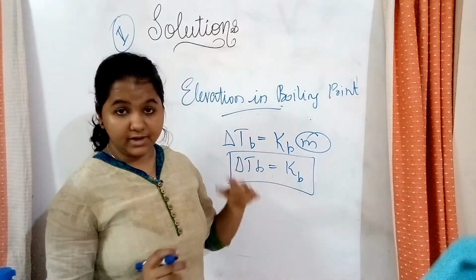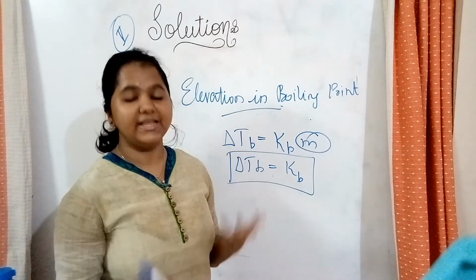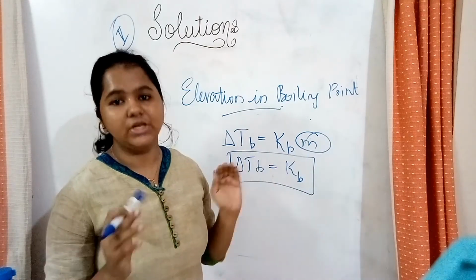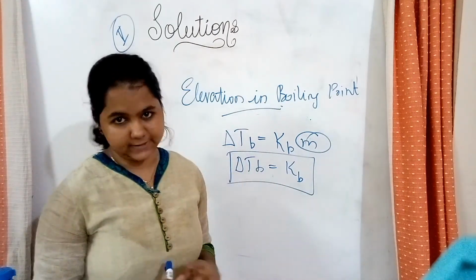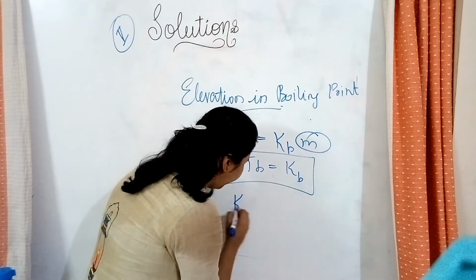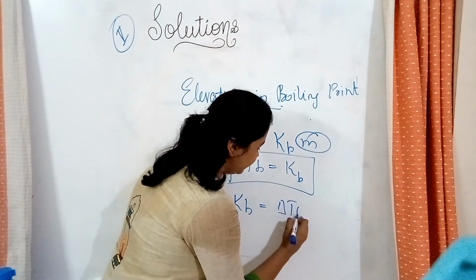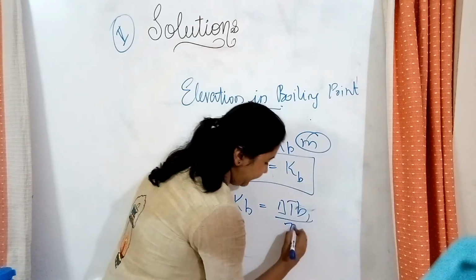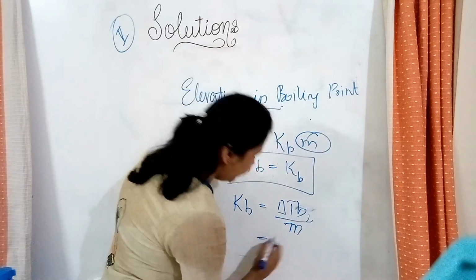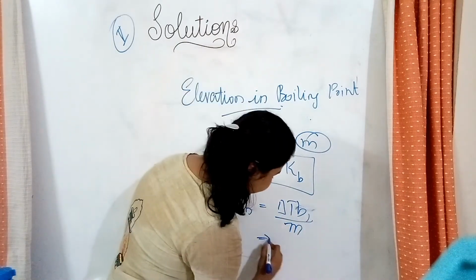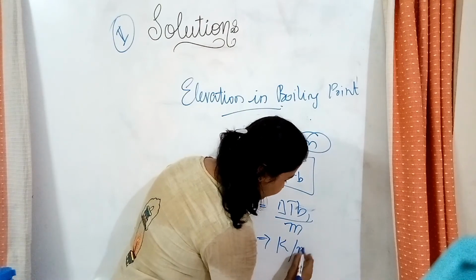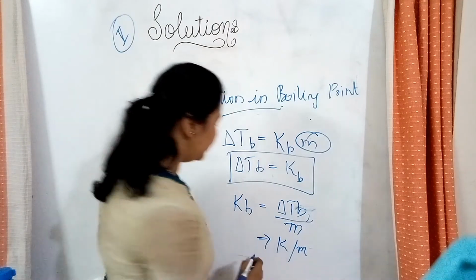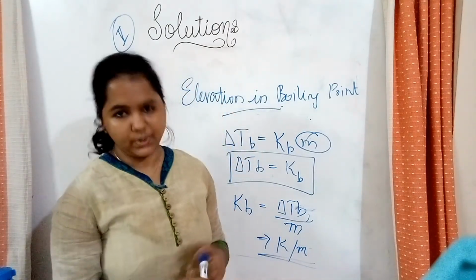The elevation in temperature is equal to the KB of a solution whose molality is unity. Okay, so now we know KB is equal to delta TB divided by m, molality. So, what would be the unit? That is Kelvin per mole, Kelvin per molality, m. Okay, so that is the SI unit.